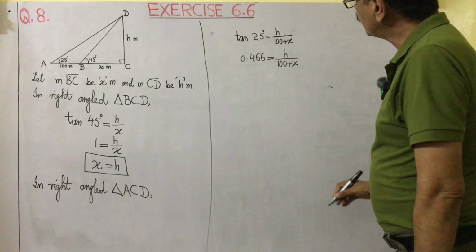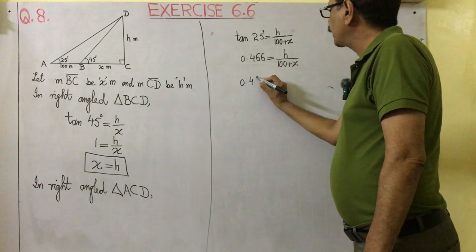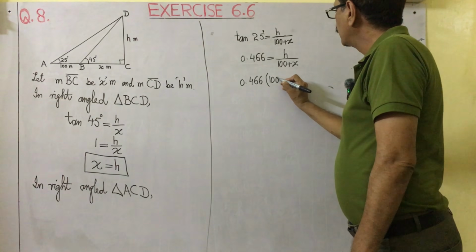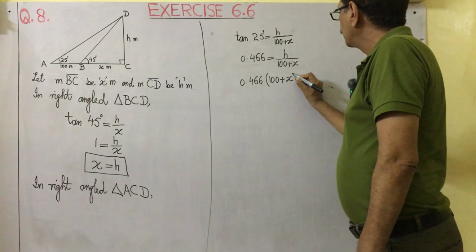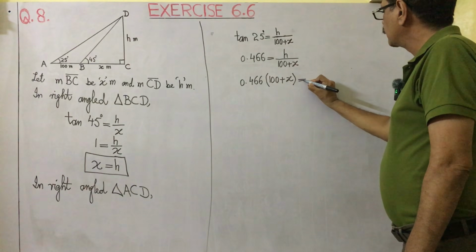So by cross multiplying, 0.466 into 100 plus x is equal to h.